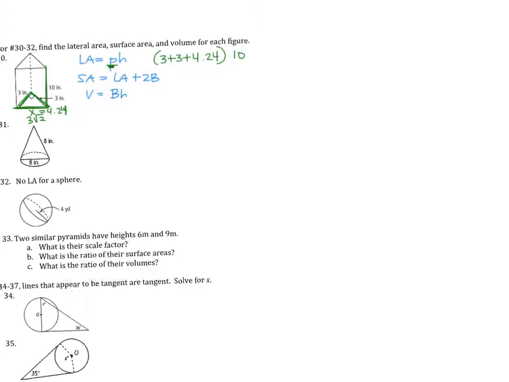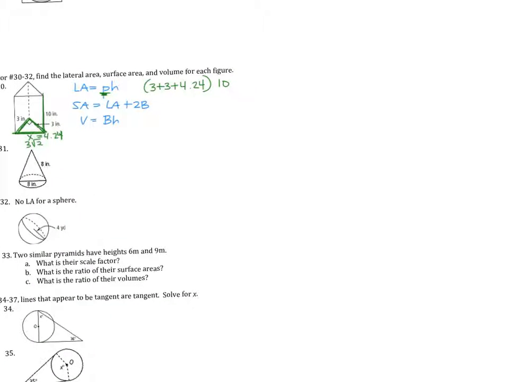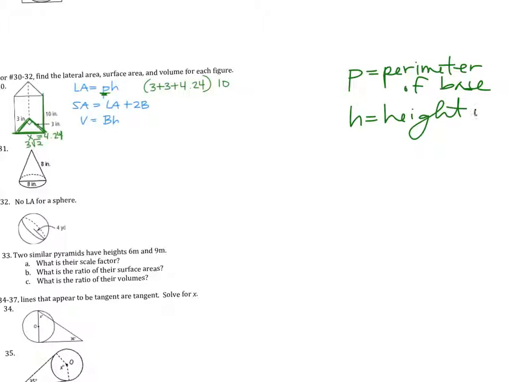If I were you, as I'm making a note card, I would do this, where P, you write, is the perimeter of the base. H is the height of the figure. B is the area of the base.